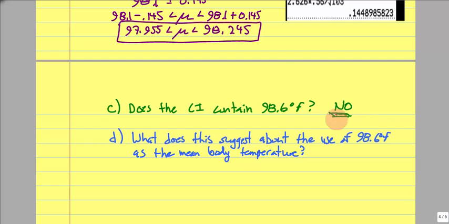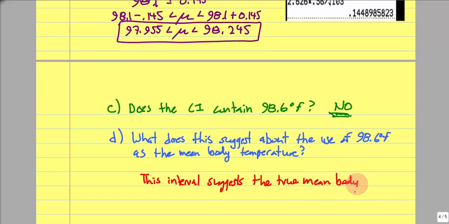Well, from here, because 98.6 is not even in this interval, it suggests the true mean body temperature is lower than 98.6 degrees Fahrenheit, because this entire interval is below 98.6 degrees. So those are some of the types of inferences that you can derive based on a confidence interval.